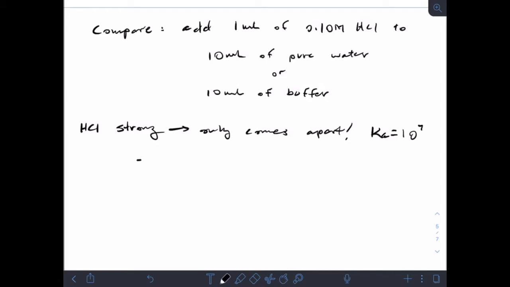So our H3O plus concentration comes from moles of H plus over the total volume.